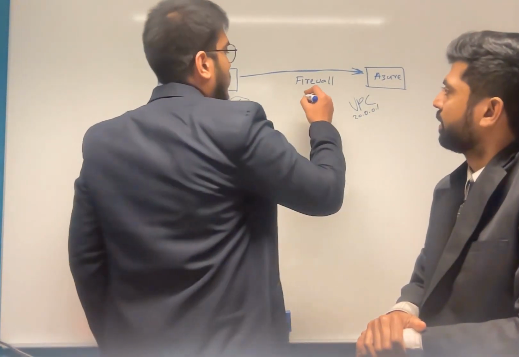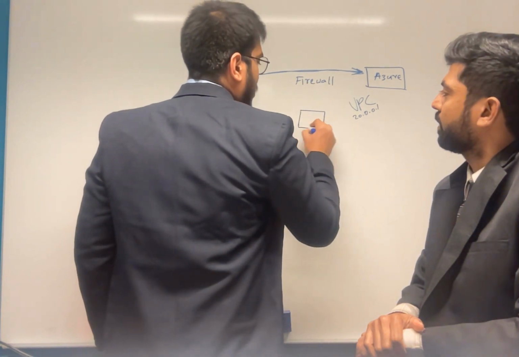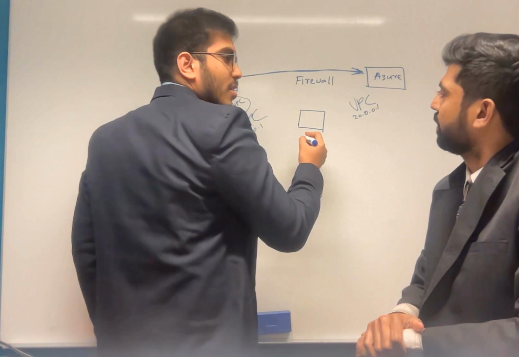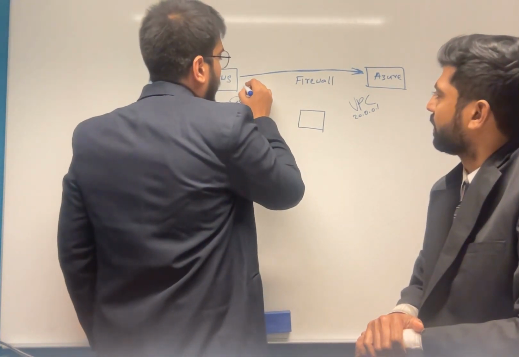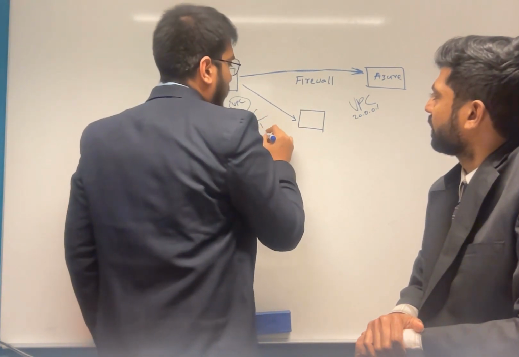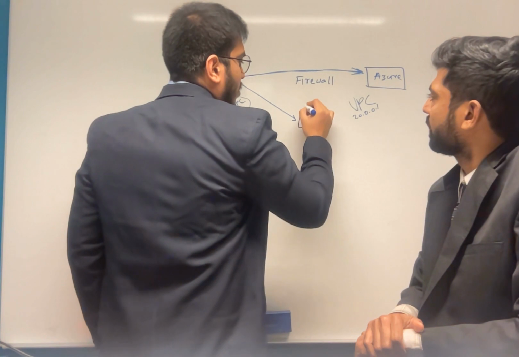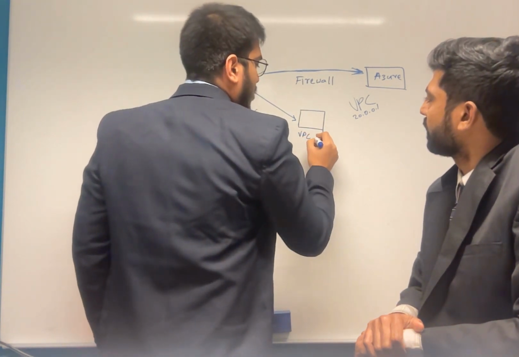So in our case, we have a common account, the CCOE account. We create our VPC endpoint and VPC endpoint service over here, and over here we create the VPC endpoint and VPC endpoint service.